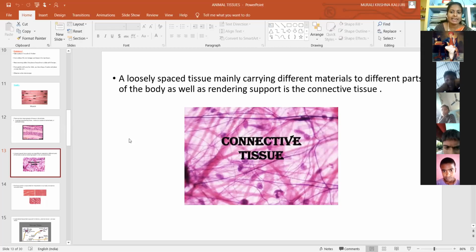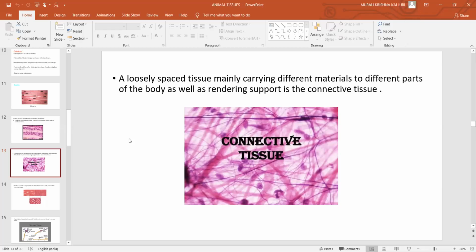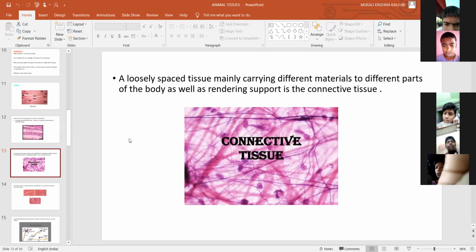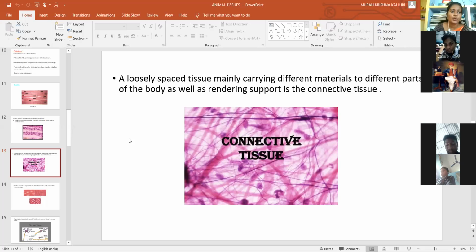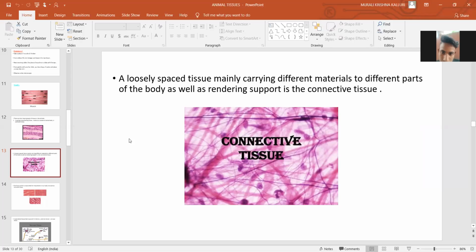It is mainly carrying different materials to different parts of the animal body, as well as giving support.